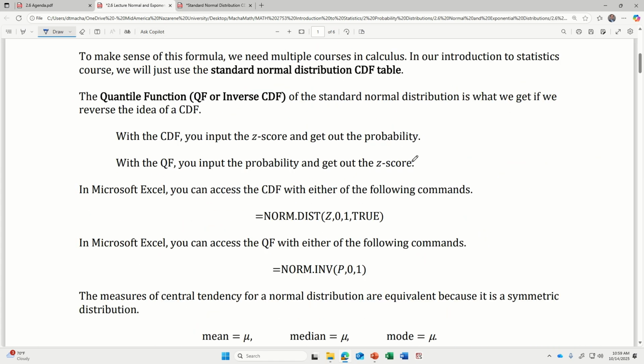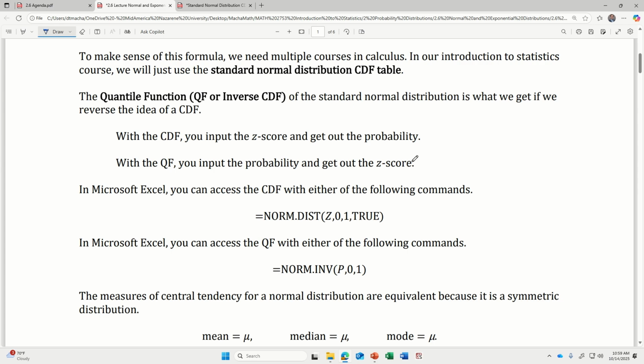So you've got the CDF paper in front of you. Also on the back side of that, I've got the quantile function. The quantile function is what you get if you reverse the idea of a cumulative distribution function. Sometimes the quantile function is called the inverse CDF for that exact reason. With a CDF, you calculate a z-score and look up the probability of getting less than or equal to that z-score.